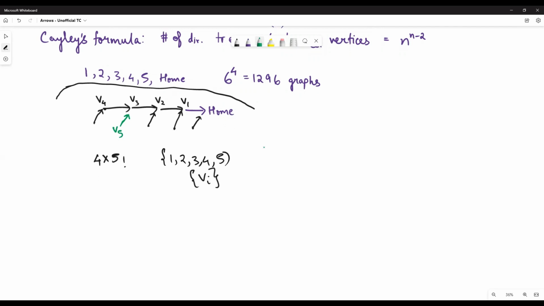So counting 3, 2, 5, 1, and 4 goes to 2, or counting 4, 2, 5, 1, and 3 goes to 2. They are precisely the same graph. So the green case forces us to divide by 2.